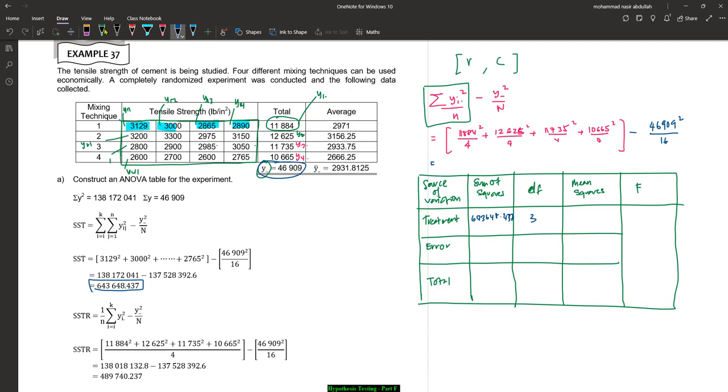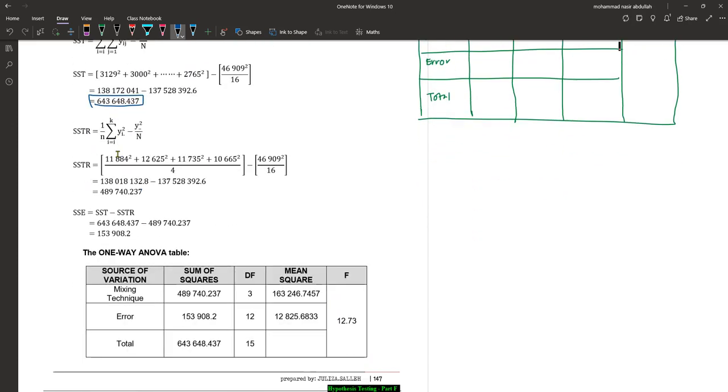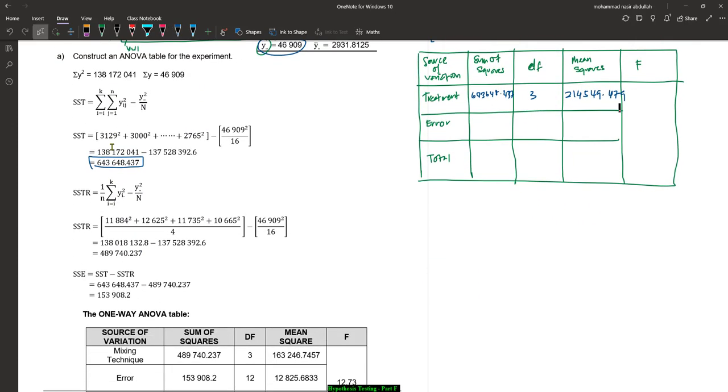So 643,648.437 divided by 3. So you will get 2,143,549.479. Kenapa dia macam salah?